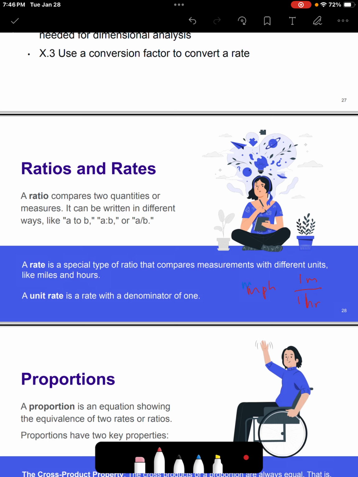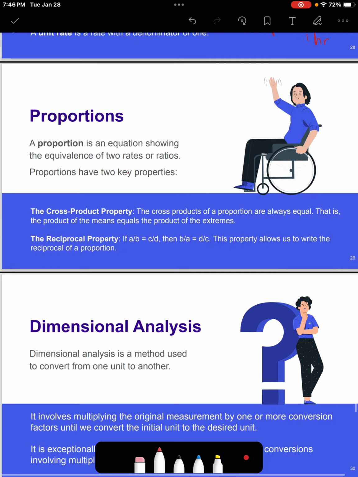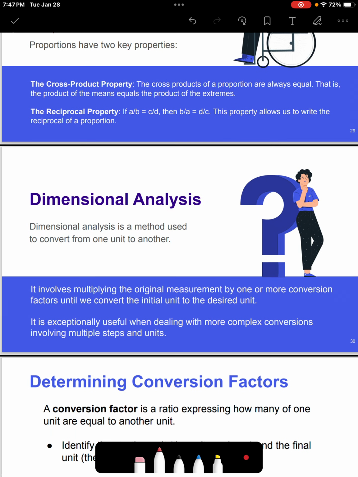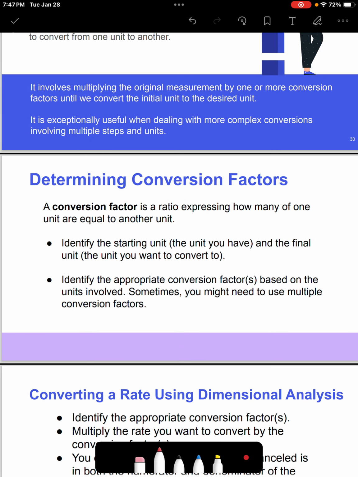A proportion is an equation showing the equivalence of two rates or ratios. A conversion factor is a ratio expressing how many of one unit are equal to another unit.